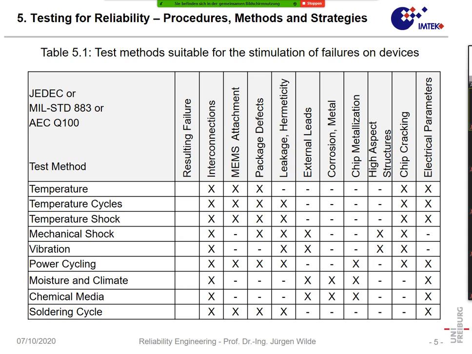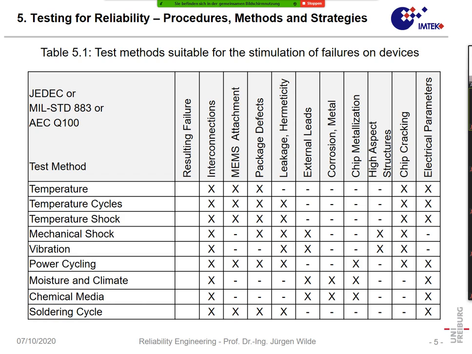So if you do soldering, that leads to a temperature shock of approximately 260 degrees centigrade within a few seconds. And that temperature shock can do significant damage to our electronics.